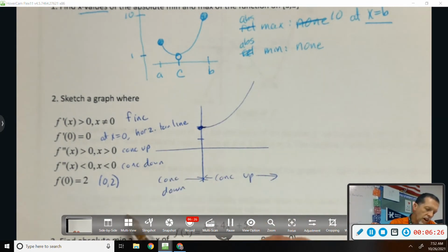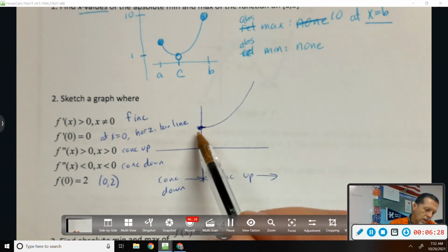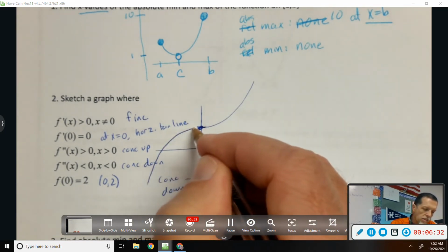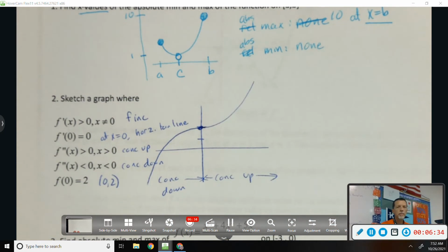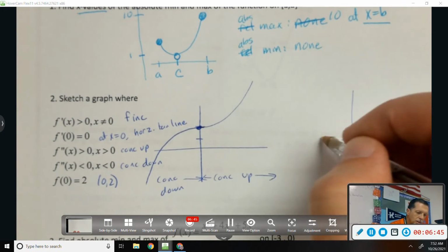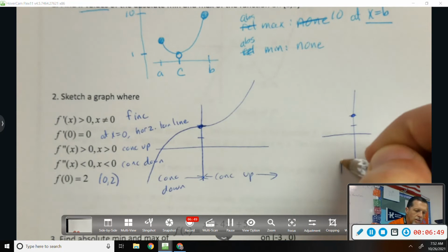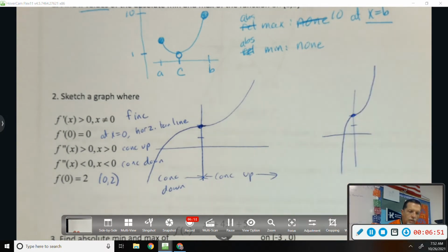On the other side, I still need to be increasing, but I need to be concave down. So something like that. Now I've got a graph that meets all of those criteria. And that graph might look a little different depending on how you drew it. Everybody should have (0, 2), but you could have it a little steeper like that. That would still be correct.